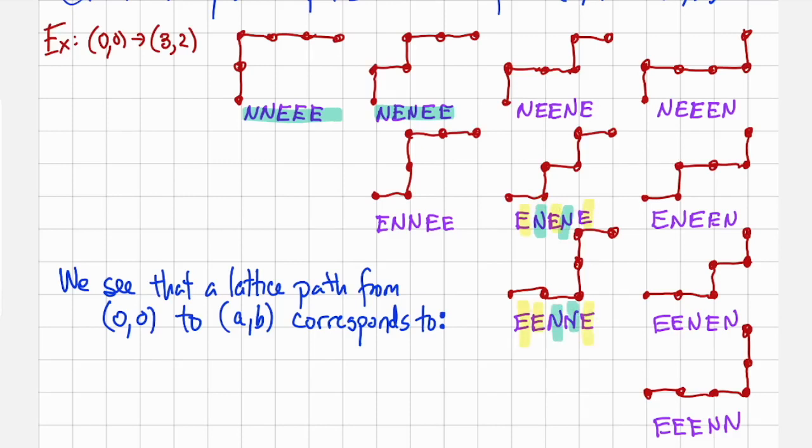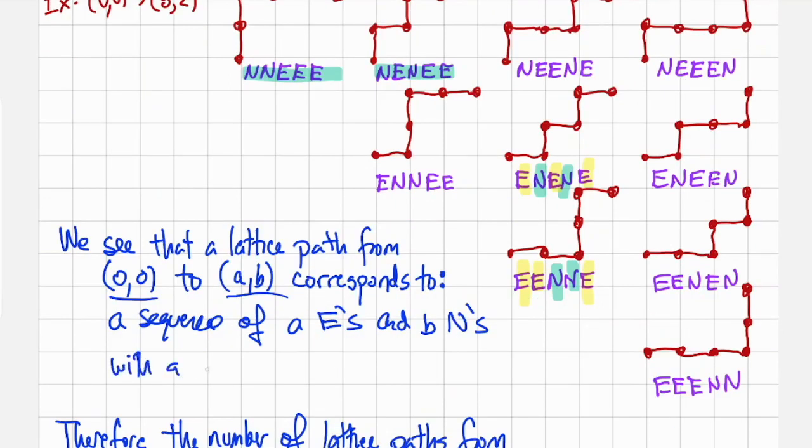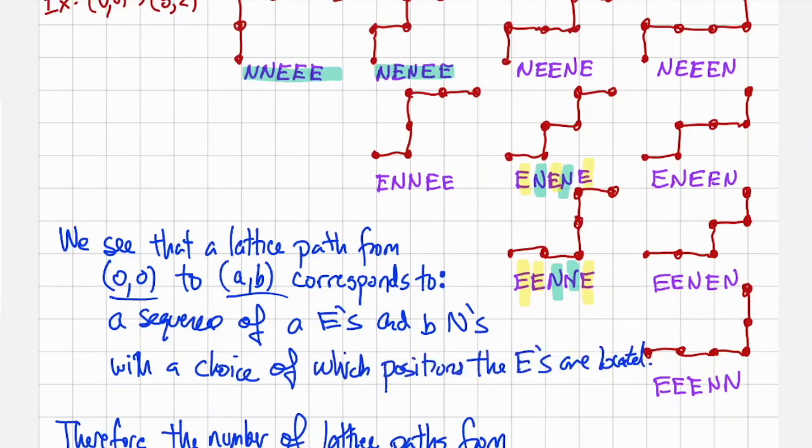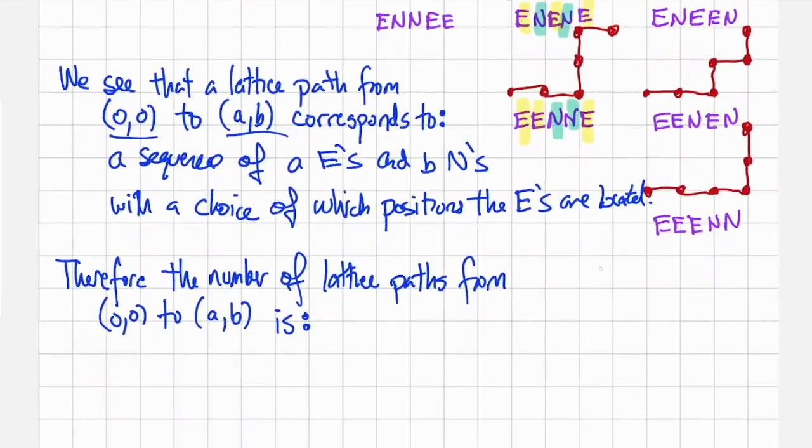So what we've learned is that a lattice path from (0, 0) to (a, b) corresponds to a sequence of a east steps and b north steps, with a choice of which positions the E's are located. There are a plus b total positions, and a of them are where the E's are.